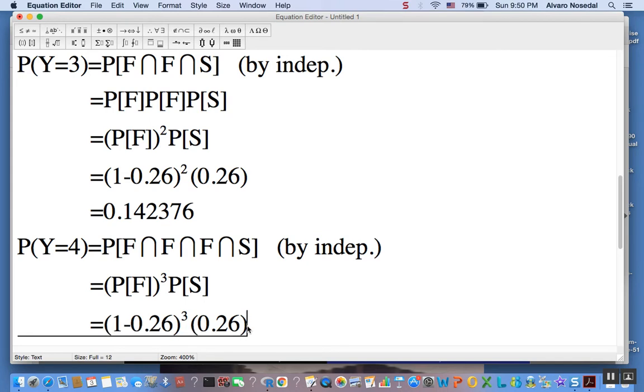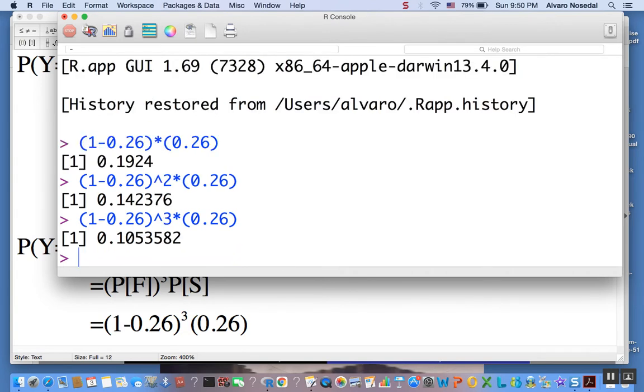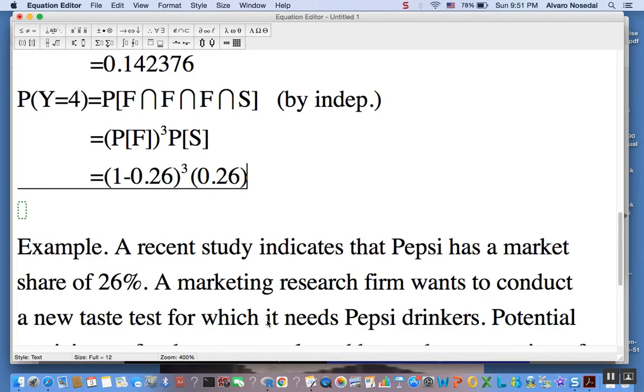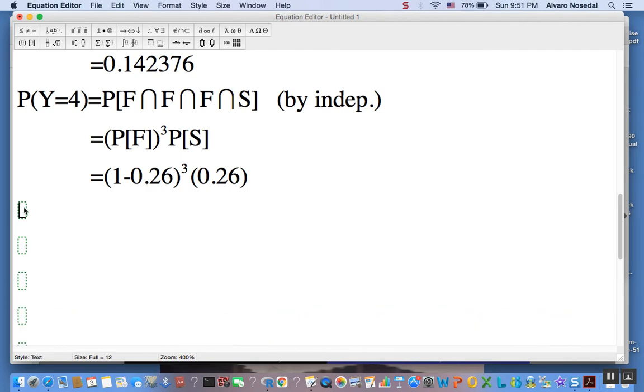Let's find that number using R. So now instead of 2 we have a 3 here, and the probability that y equals 4 will be roughly 0.10 or 10%, meaning that would be the probability that we need to contact 4 people before being able to detect our first Pepsi drinker. Make sense? Okay, so we're almost there.